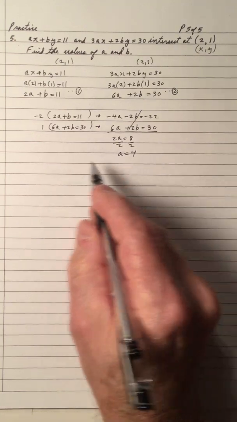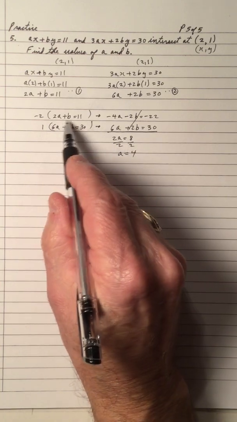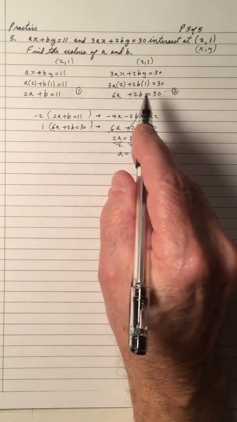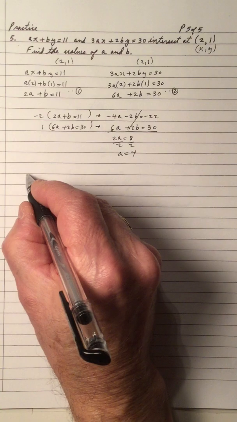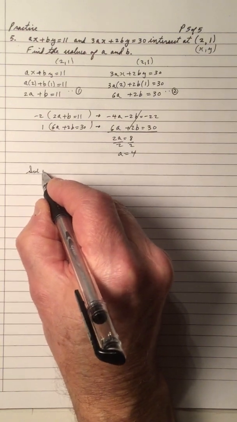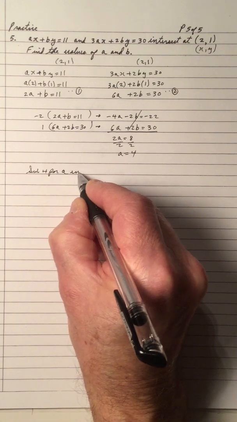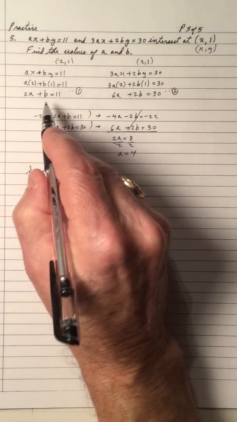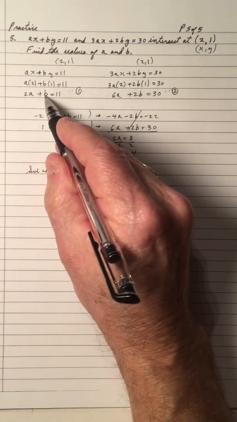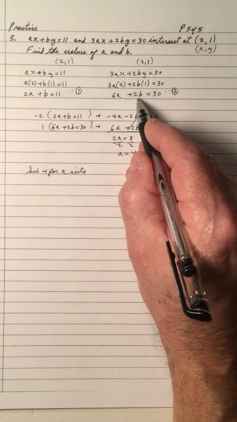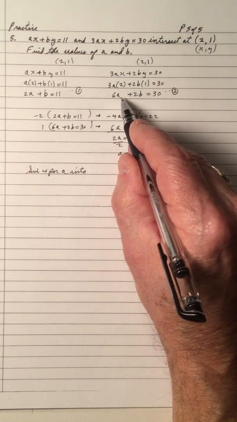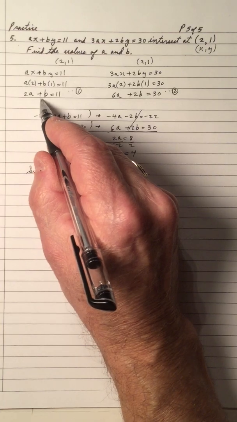Now I have a, so I can sub a into equation 1 or 2, your choice. Let's sub it into 1. The reason I go into number 1 is because b is all by itself. If I go into this one, I have to divide by 2, so it's better to put it in here.